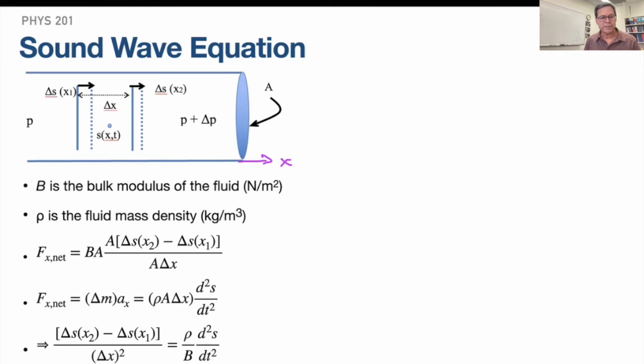Right? Okay, and so we can do that by setting them equal. So what can we do? Well, first of all, there were these areas in the fraction on the first formula that we can cancel. But I also have another area here in F_x net, which will cancel the time derivative part for the delta m there.